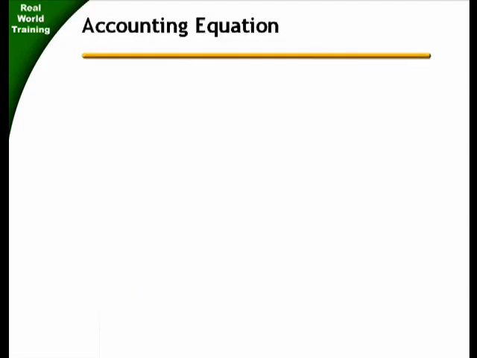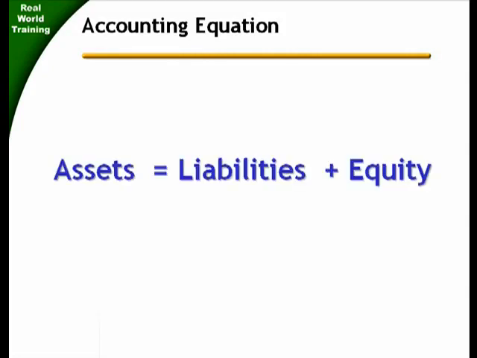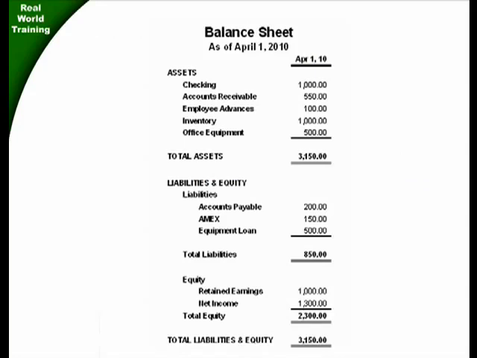Here's the concept used in accounting. What you own is equal to what you owe plus what's left over for the owners. This is called the accounting equation. Assets equals liabilities plus equity. Let's look at this equation on the balance sheet.